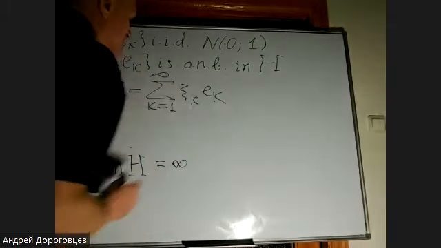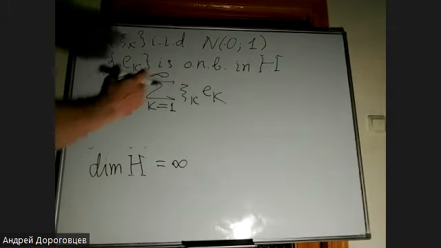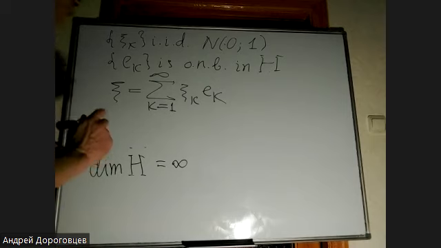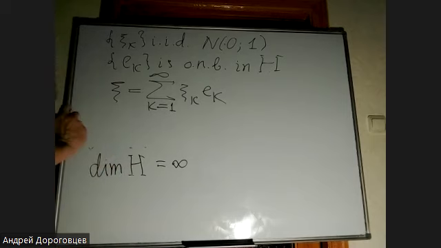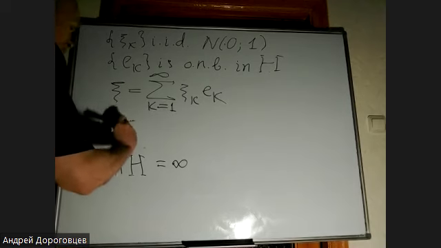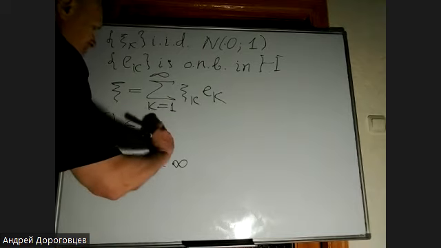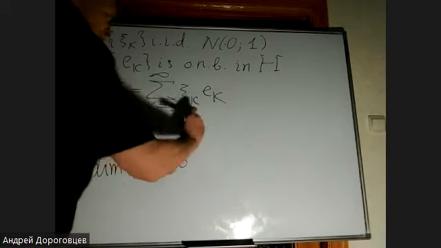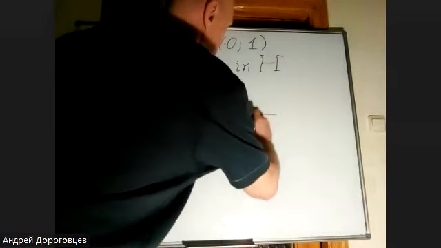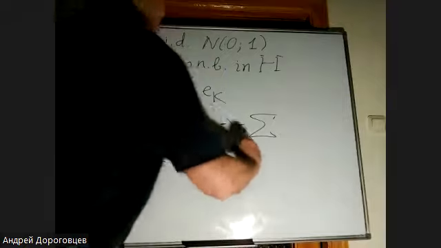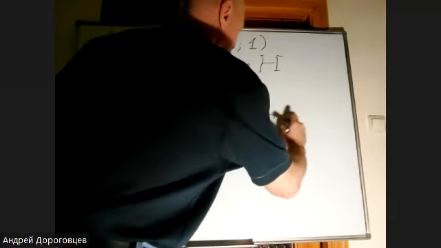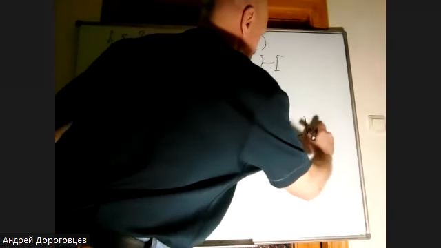We discussed that this is just a formal sum because the series doesn't converge in H in any sense, but one can properly define, for any h which belongs to our space, the inner product with psi, (h, psi), which is as usual the sum of the products of coordinates psi_k h_k.